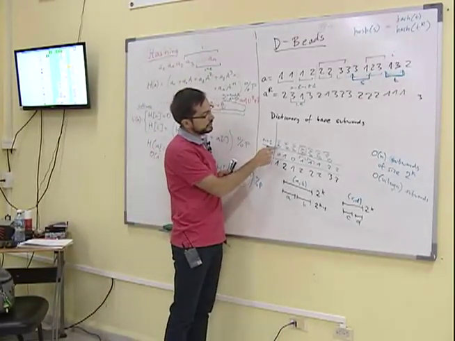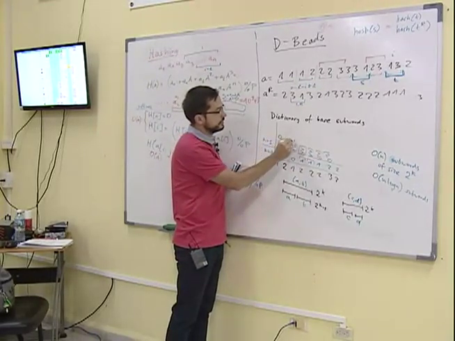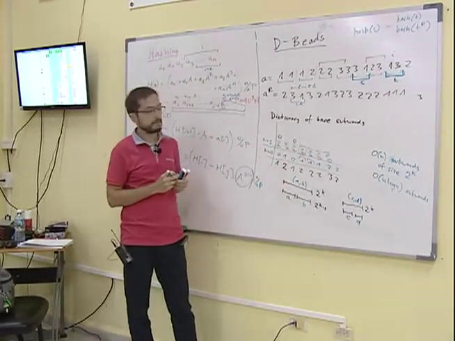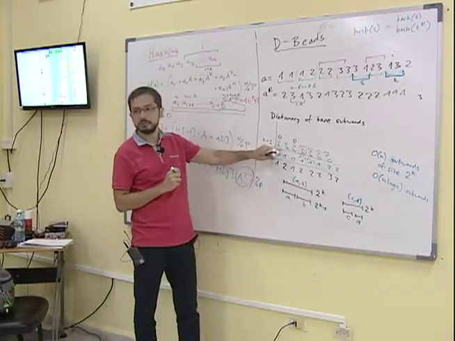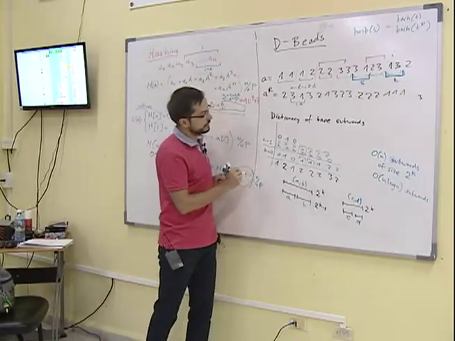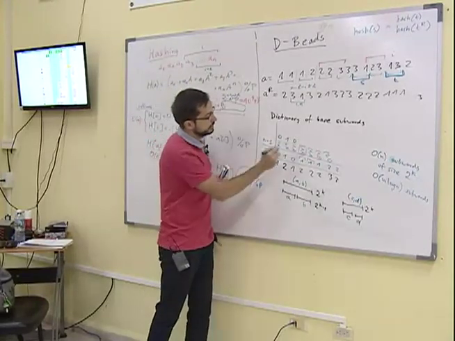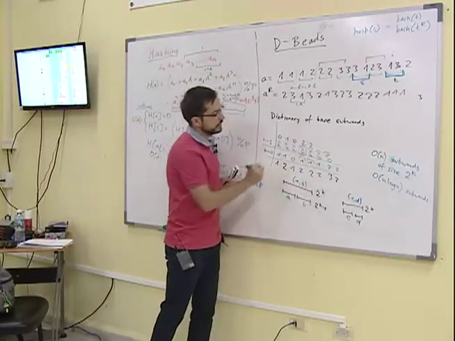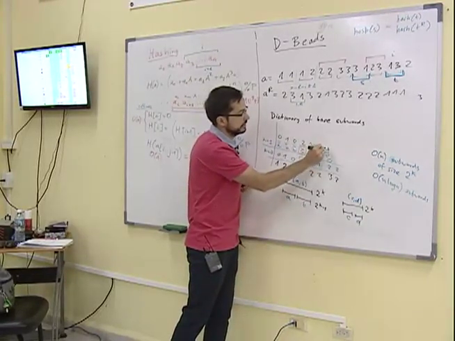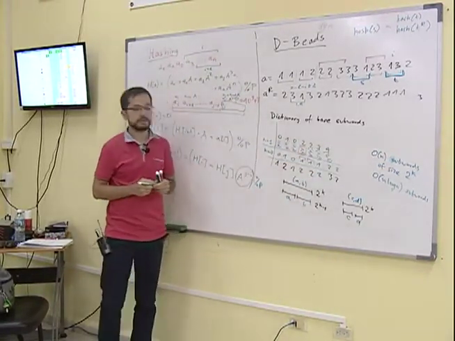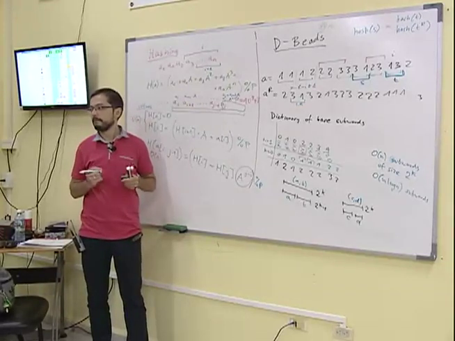The lowest pair is 0, 1, so I put 0 for this pair. The next one lexicographically is 1, 0, so I put 1. The next one is 1, 1, so I put 2. The next one is 1, 2, I put 3. And the last one is 2, 2, so I can say it's 4. All right?